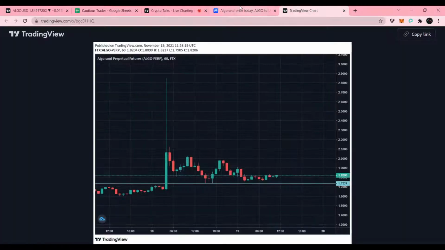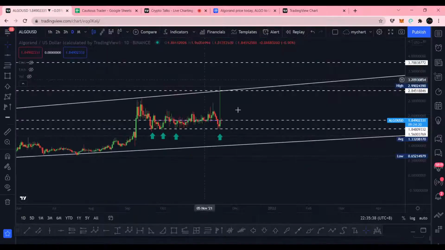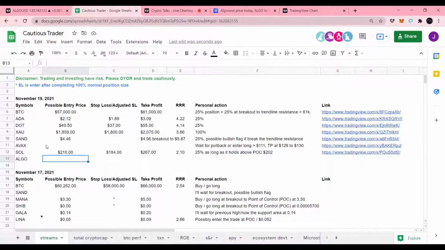I'm gonna use that here. If ever I'm gonna trade it again, of course, I'm gonna trade it above 1.82, or still 1.82 if ever, and then my TP area is 2.85, which is the highs.